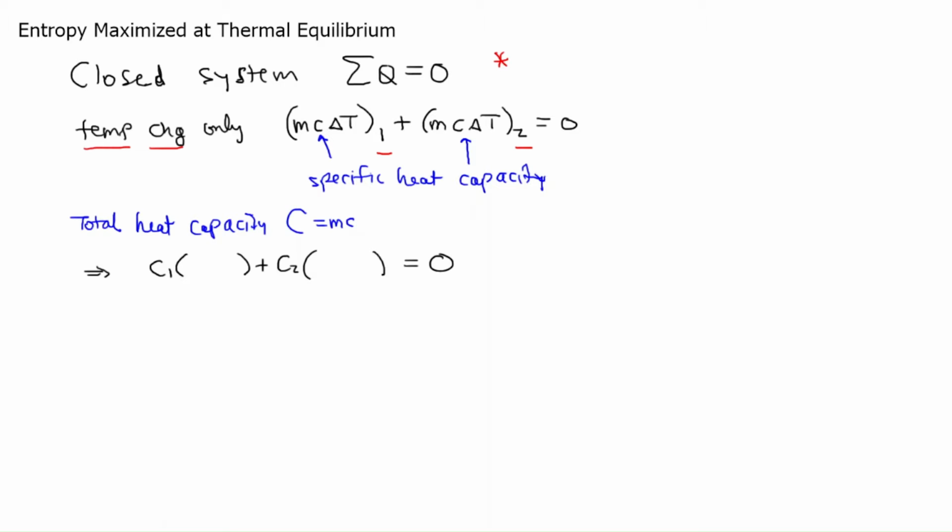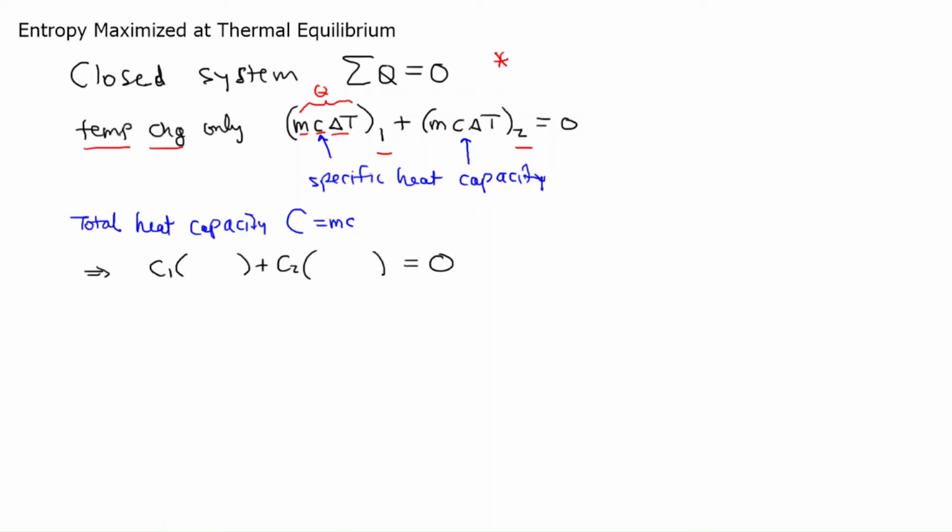We know that the heat exchanged, gained or lost by a system, is mass times the specific heat capacity times its temperature change. The lowercase c here stands for specific heat capacity.